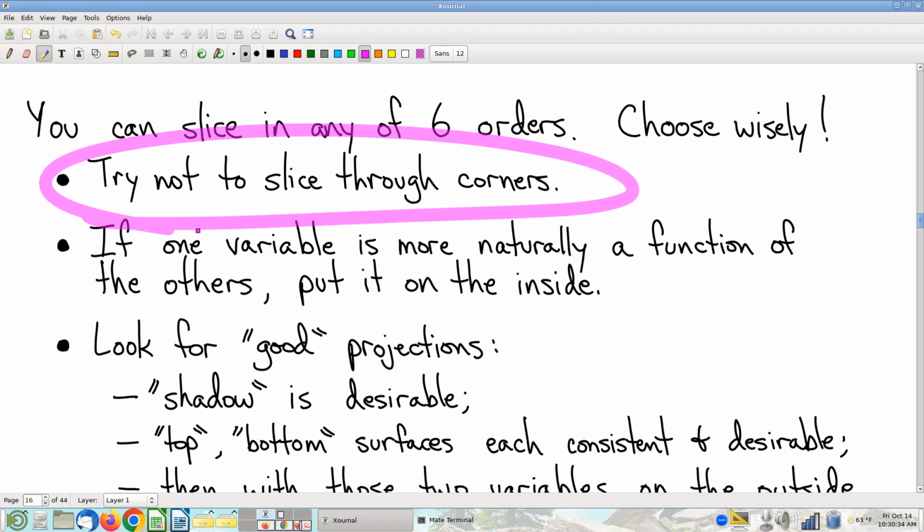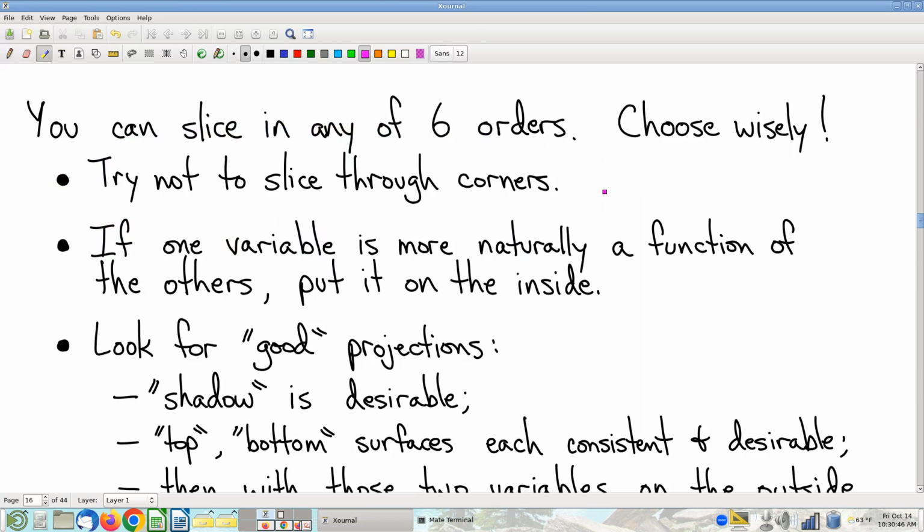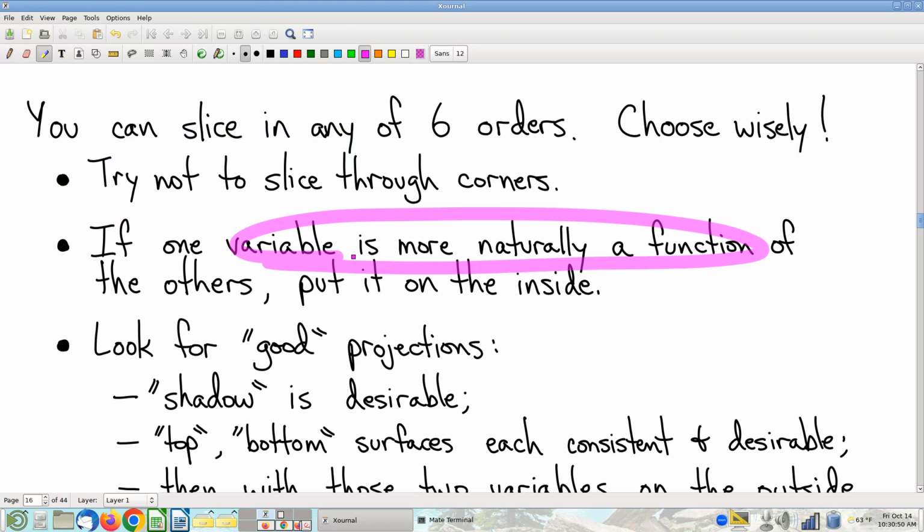Just like with double integrals, try not to slice through corners and edges and stuff. That's going to make bad things happen when you try to find your inner bounds, right? So that's just like with double integrals. If one of your variables is naturally a function of the others in the equations describing your domain, probably want to have that on the inside.